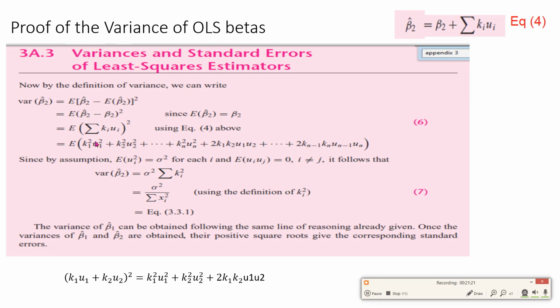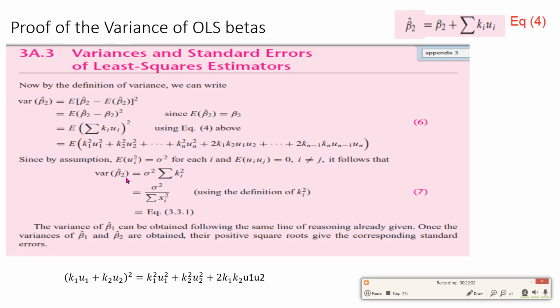Now consider the square term. This is the expected value of k1 square times the expected value of u1 square. We know that by the assumption of no heteroscedasticity, or in simple terms that the variance of the residual series is fixed, it is equal to sigma square. So this will become k1 square times sigma square plus k2 square times sigma square, and so on. We can take sigma square as common, and the sum of ki square is the sum of all these squared weights, that is k1 square, k2 square.